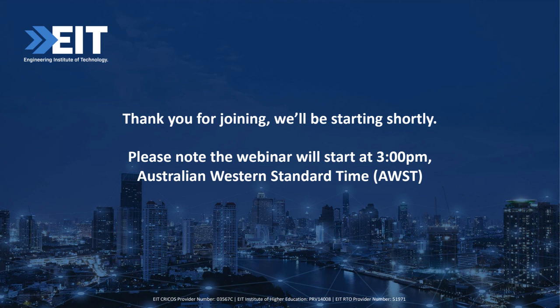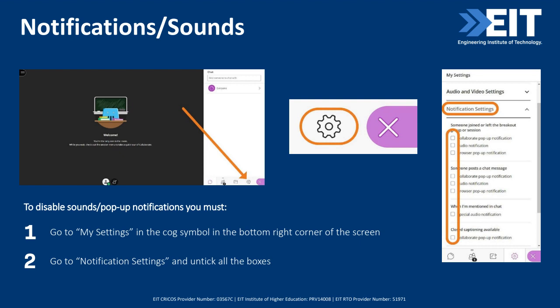Let us go ahead and prepare our settings and make sure that we are all going about this webinar uninterrupted. So let's click on the gear icon on the lower right corner of your screen, right beside the purple button.